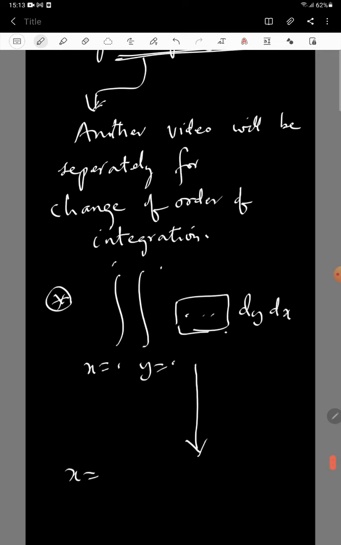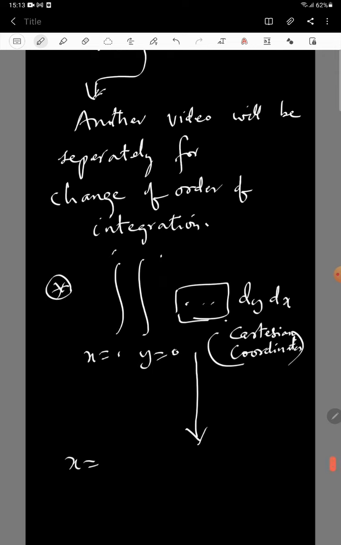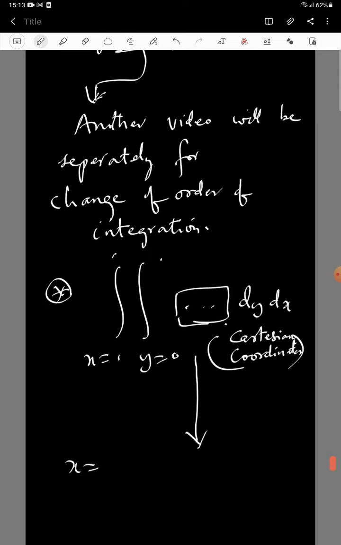This is actually in Cartesian coordinates. What are Cartesian coordinates? What are polar coordinates? I have already uploaded a video on the basics for understanding the problems of multiple integrals, before this video. You can see that video.